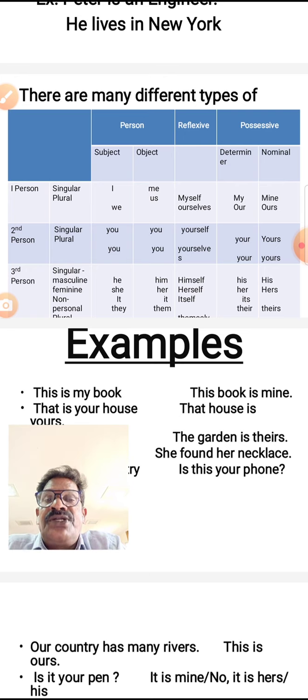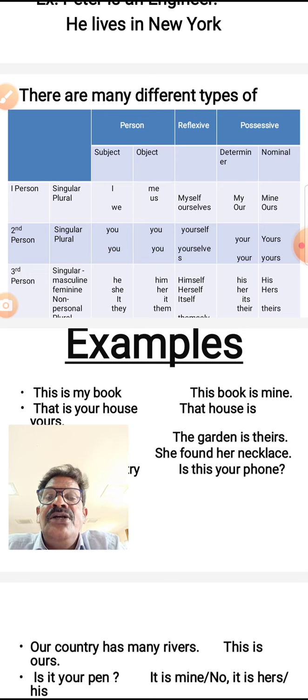Then look at the subject, the third column. There you can find, for first person singular, I. First person plural is we. Now let us come to the second person, singular, plural.